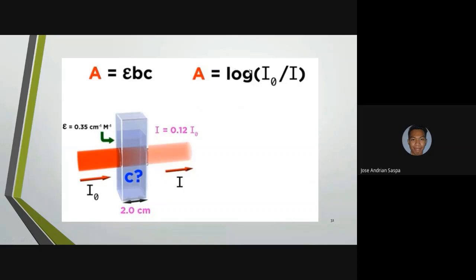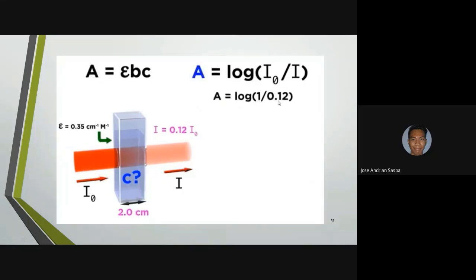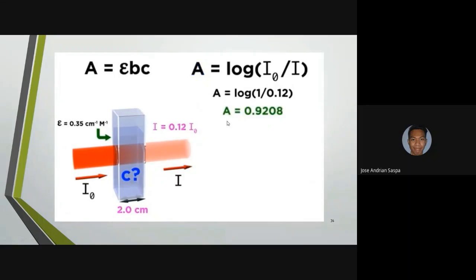So using this equation, A is equal to log of I sub O over I, and plugging the given values, we have A is equal to log of 1 over 0.1. So our absorbance is equal to 0.9208.